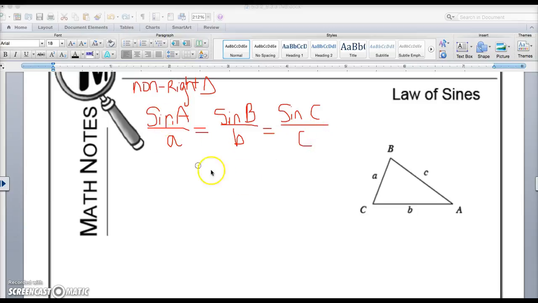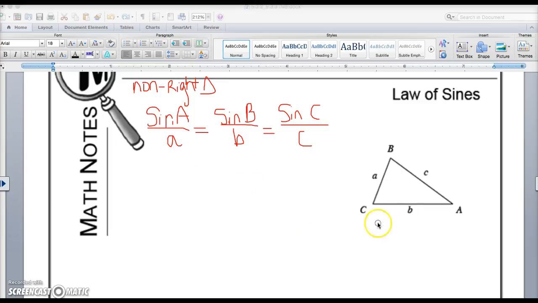And what that means is that any two of these are equal to each other. So you could be using sine A and sine C, or you can be using sine B and C, or sine A and B. But you have to know about two of the angle measures and the sides opposite.